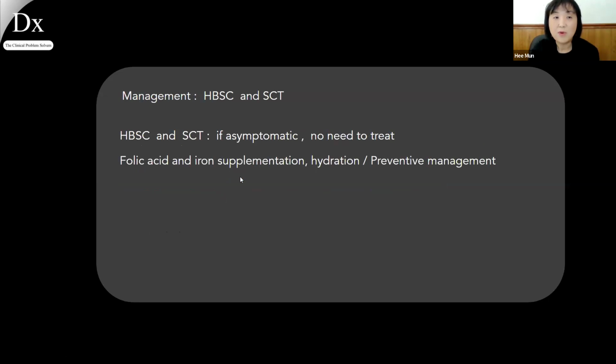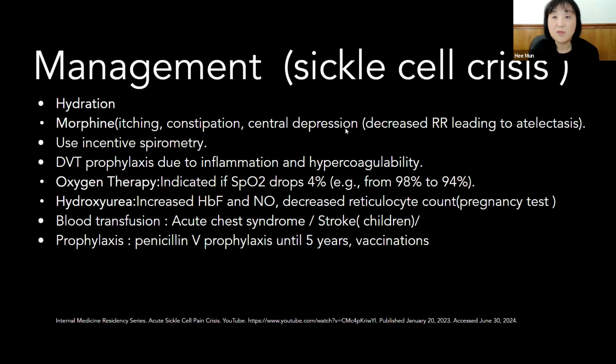And management for hemoglobin SC or sickle cell trait, if it is asymptomatic, no need to treat. Folic acid or iron supplementation, hydration, or preventive management. And management for sickle cell crisis: hydration and morphine, being careful about itching, constipation, and central depression, because respiration is decreased. So use incentive spirometry to prevent atelectasis.